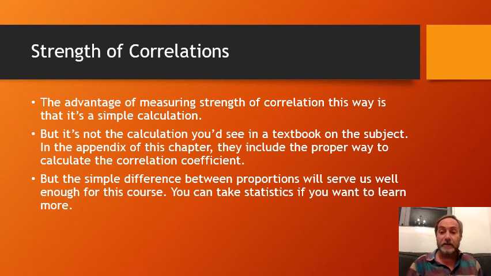In the appendix of Chapter 5, they do give you the proper way to calculate the correlation coefficient if you're interested. But for our purposes in this course, and I think for your purposes, if you don't go on to be a psych major or some other science major where you need to know the statistics, you can get by pretty well evaluating scientific episodes that you find in the popular media with this basic method. Certainly, if you want to learn more, take a statistics course.